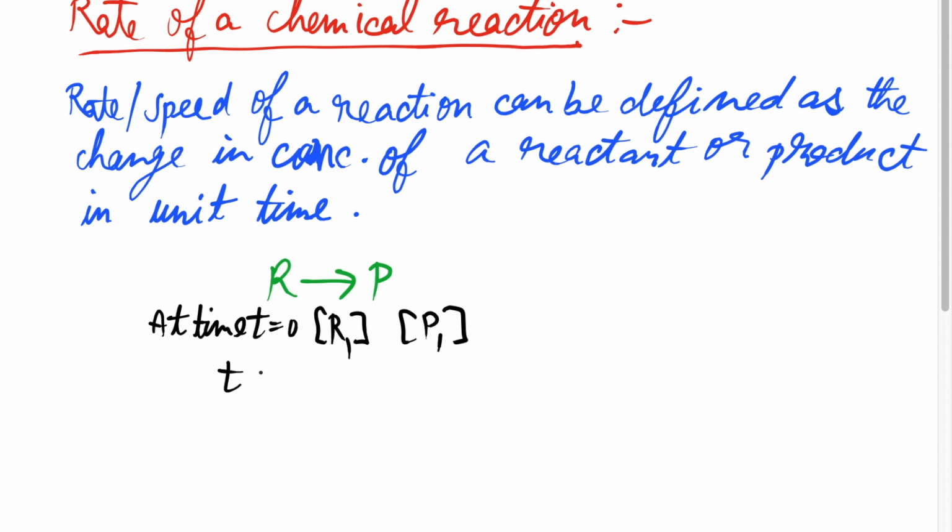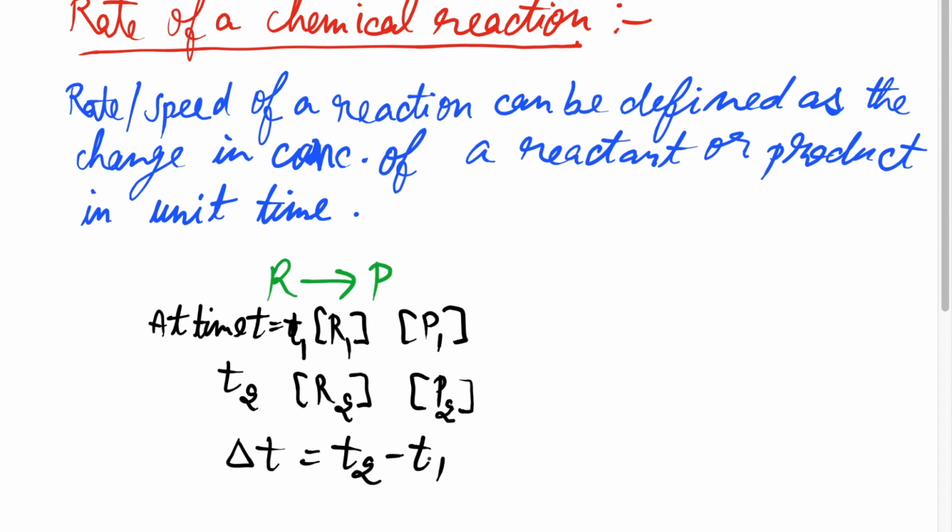And at time T2, reactant concentration is R2 and P2 is the concentration of product. Therefore, delta T is equal to T2 minus T1.